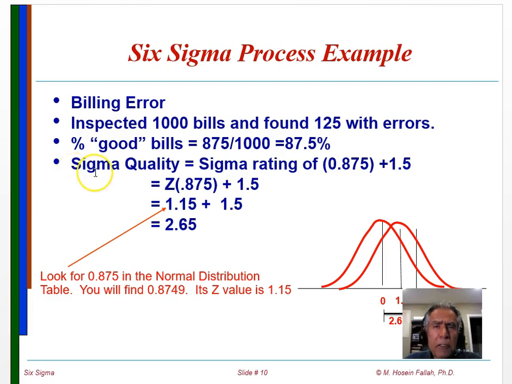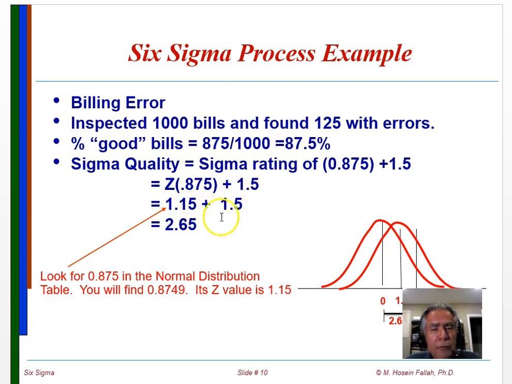To calculate the sigma quality, we take the 87.5% as the probability of producing good output, and then find the z-value for that probability. If we look at the normal distribution or a z-score table, applying 0.875 as a probability, you find that the z-value for that is 1.15.